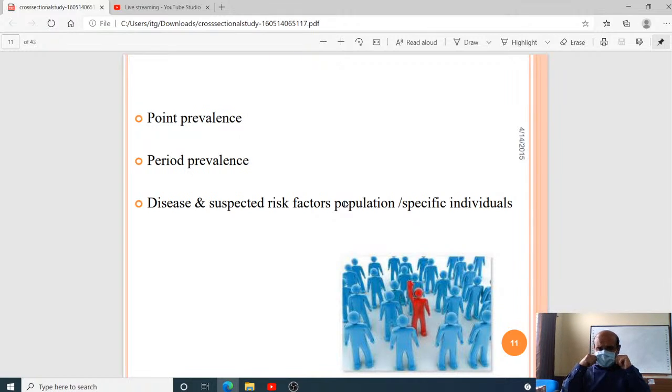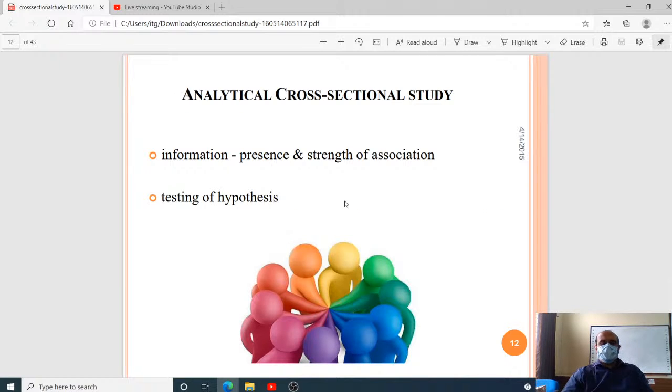Now, point prevalence and period prevalence. So prevalence can be estimated by point prevalence, period prevalence, or disease and suspected risk factors of the population of specific individuals.